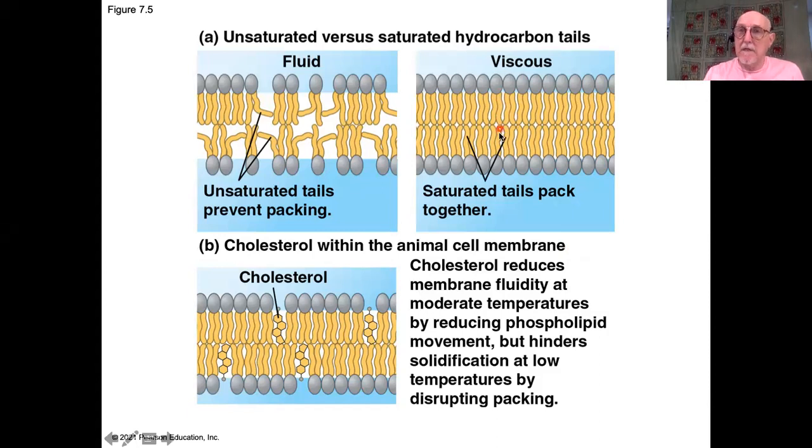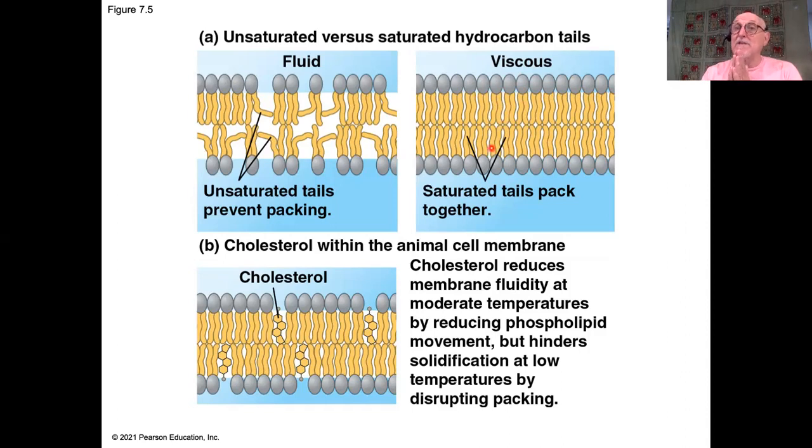Here is a phospholipid. All of this phospholipid has straight, saturated fatty acids associated with it. These are much more viscous, because the weak forces holding them together are distributed all through here.